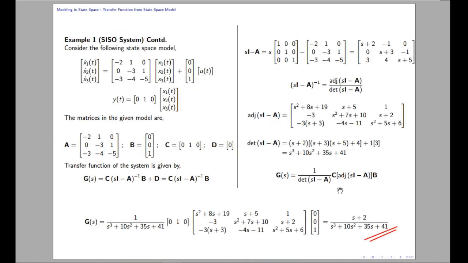So 1 by determinant of sI minus A, I put it here. The next term is C. C matrix is available there. Then the next is the adjoint of sI minus A. We found it already.